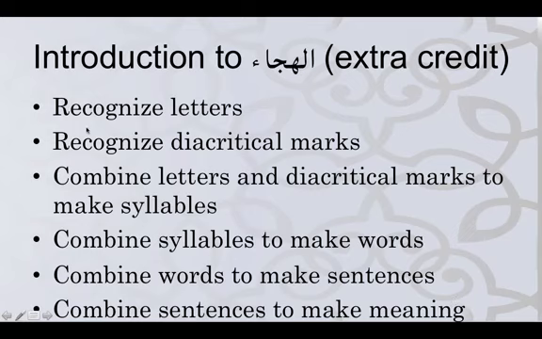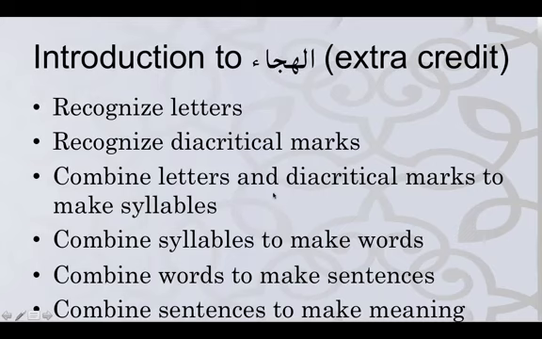Okay? So I'm going to put this in the extra credit in the self-test, but recognizing letters we already did. This is all about section 1. Section 2, we're starting to recognize and pronounce the diacritical marks. When we combine letters and these diacritical marks, we're going to start to learn to do hijjah, learn to spell the Arabic.